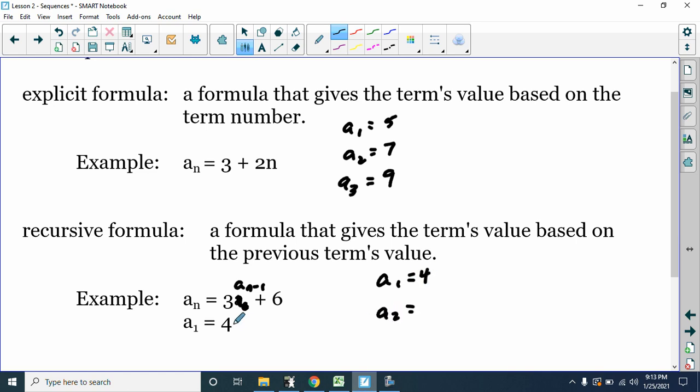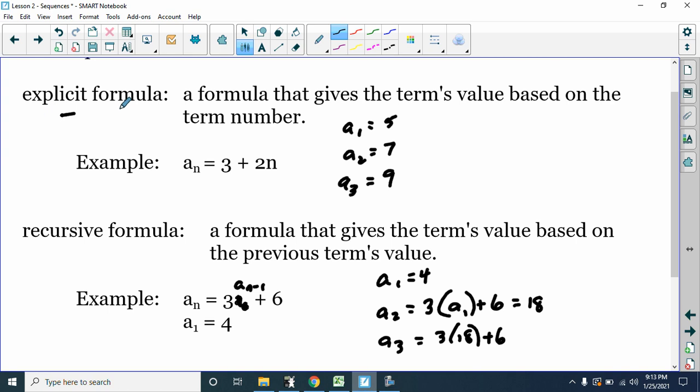My second term would be 3 times a sub 2 minus 1, so a sub 1, plus 6, and a sub 1 we know. A sub n minus 1 simply means the previous term. So you would plug in 4 here, giving us 12 plus 6, 18. A sub 3 would be 3 times the previous term, 3 times 18 plus 6, whatever that is, and so on.